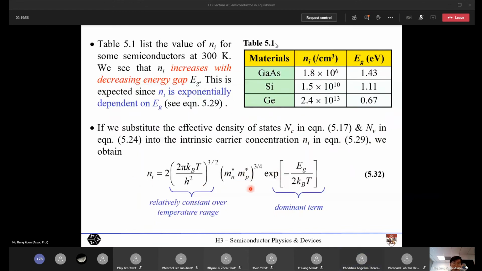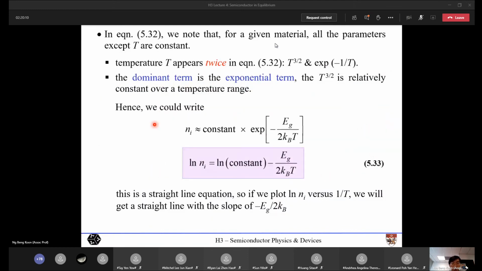And if you make an approximation that this term here is relatively constant, although your temperature could be changing, then we can treat this whole part as a fixed value. So we can write Ni as a constant multiplied by exponential minus Eg over 2 kBT. And if you apply natural log on both sides, we can write this as a straight line equation, where on the left side you have natural log of Ni, which is like your Y quantity.